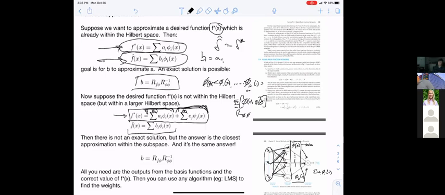So a typical example might be approximating some signal that's coming in using a band limited signal, right? What's a low pass filter? A low pass filter finds the best approximation within the set of band limited functions to the non-band limited signal that's coming in. That's what a filter does, right?